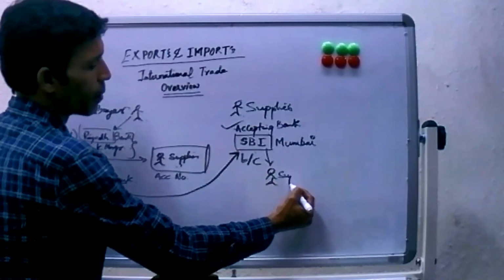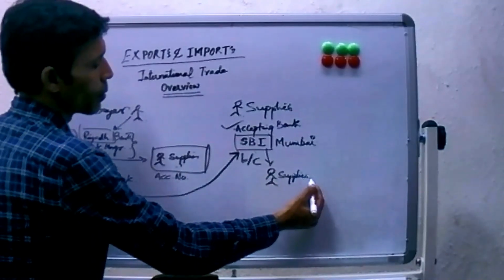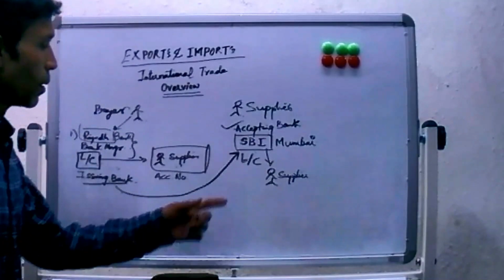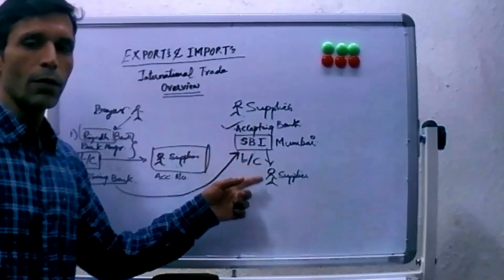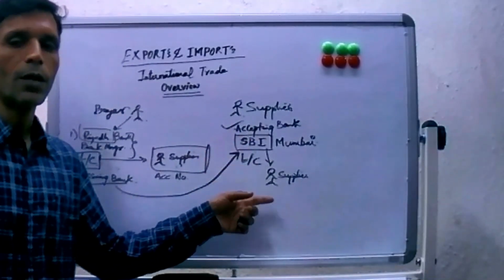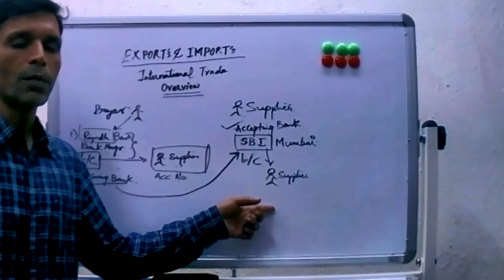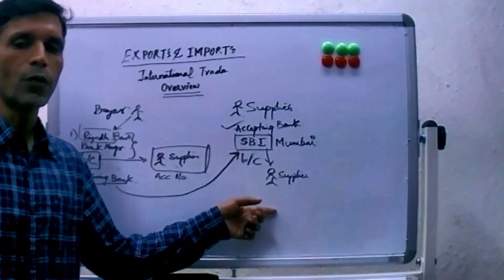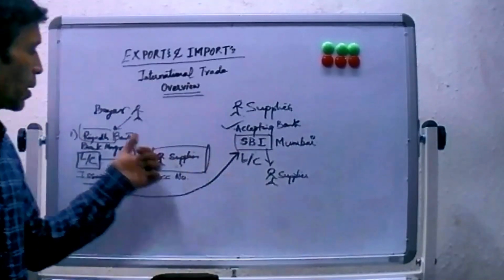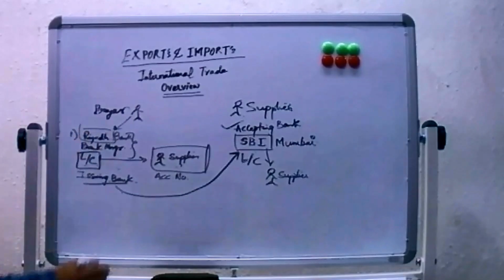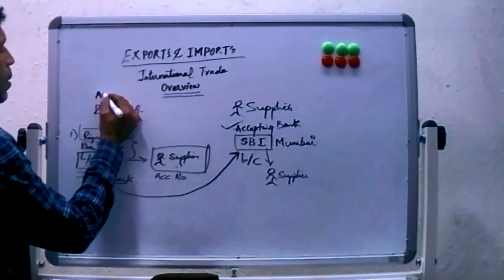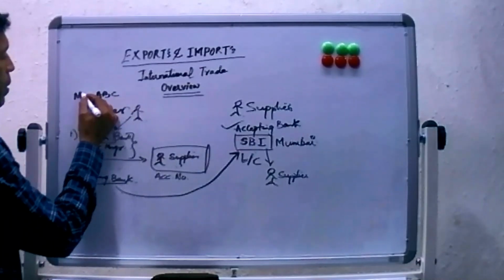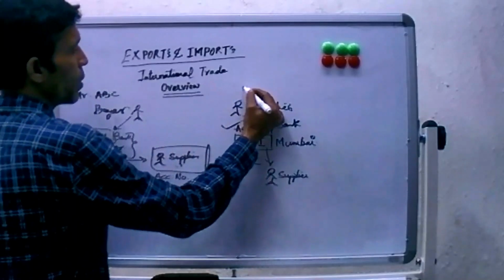Let us say the supplier's name is Mr. XYZ, and the buyer is Mr. ABC.